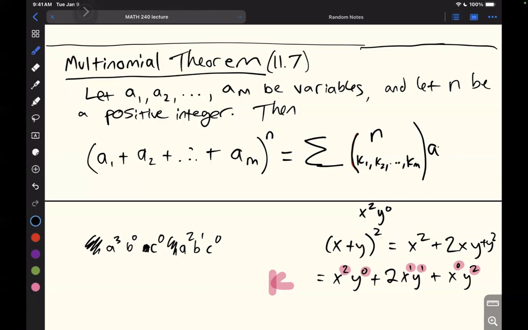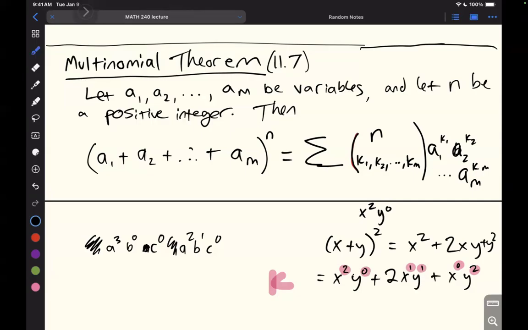And so that's a1 to the k1, a2 to the k2, I've run out of room, so on and so forth until am to the km.